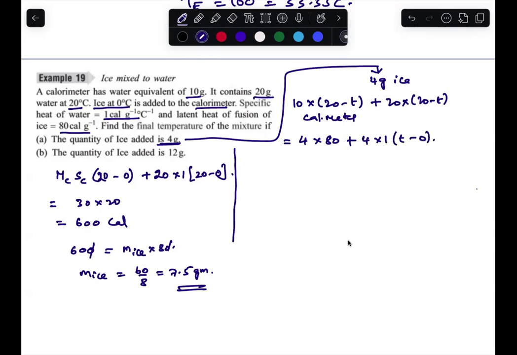So this equation gives you the equilibrium temperature.